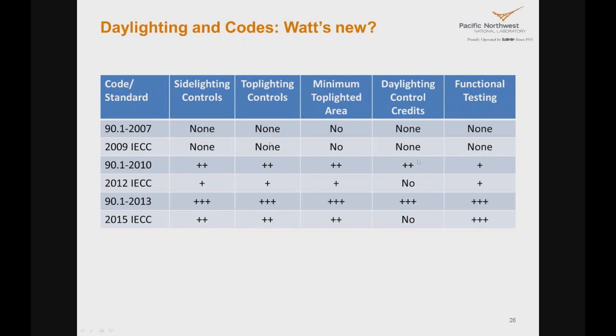So for example, in 90.1 2010, if you were to put controls in the secondary side lighted area, which we'll describe in a minute, then you get a credit and you're able to trade that off with a higher LPD. So those credits exist in 90.1. There are no such credits in the ICC. And finally, there are requirements for some testing, which we just talked about. And we'll look at these in some more detail in subsequent slides.